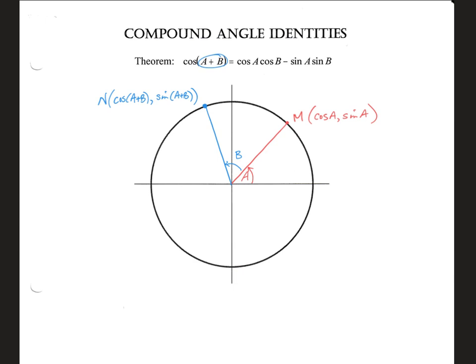What I have is an angle A, and I have an angle A plus B. My problem is, I don't really have an angle B. Now, you look at the diagram and I have an angle B, but I don't have an angle B from standard position. So I'm missing an angle B.